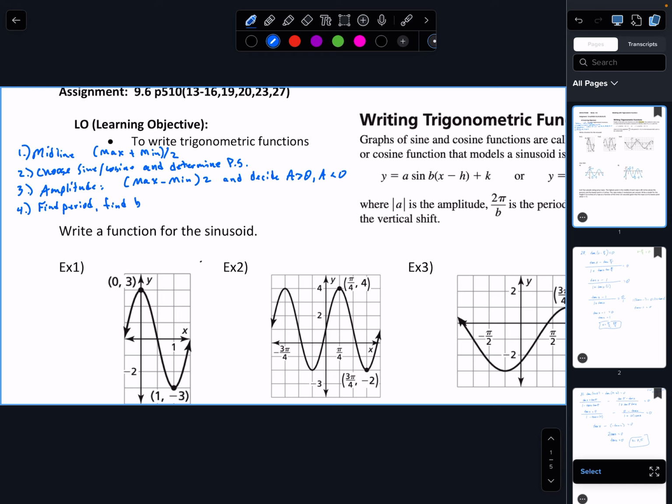And the period is going to be 2 times the difference in x values between consecutive max and min.